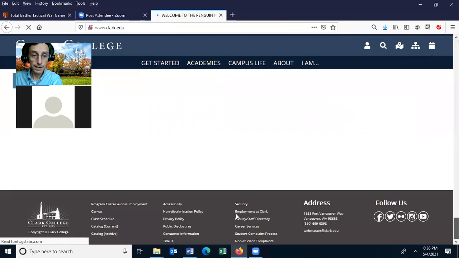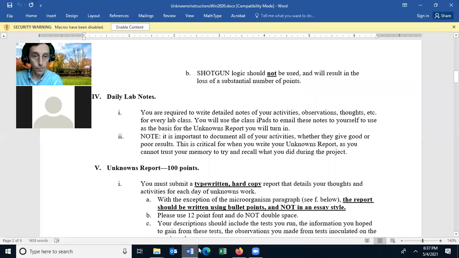I have a place for you to write down your daily lab notes, and use your daily lab notes to write up a hard copy, which obviously you have to email to me, but you can type it up, and then identify your unknown.